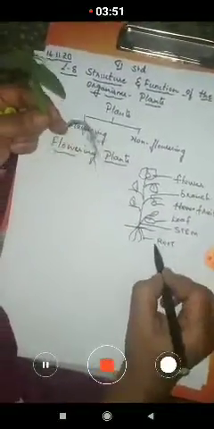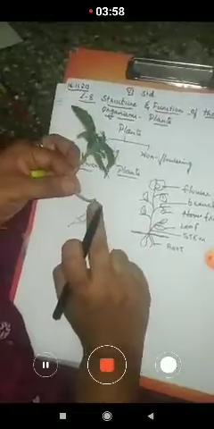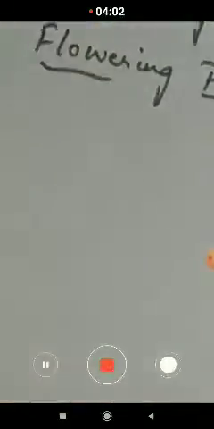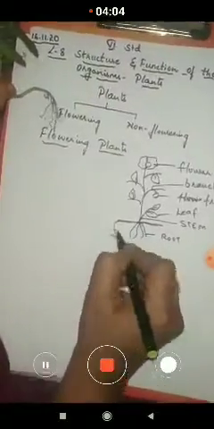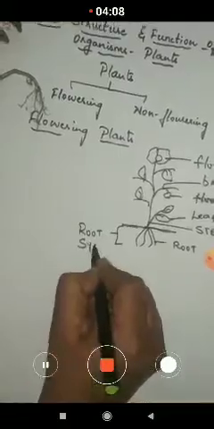So now when we see this plant, we can observe that the part of the plant which grows below the ground, this is the ground level, below the ground, is called the root system.